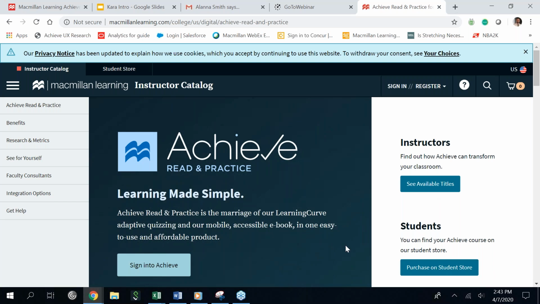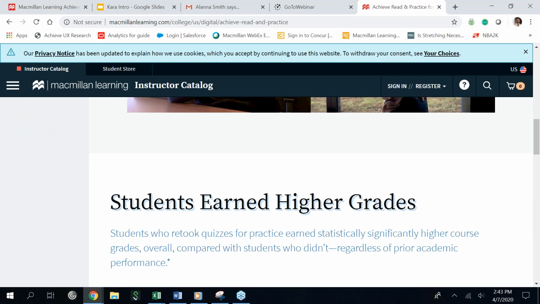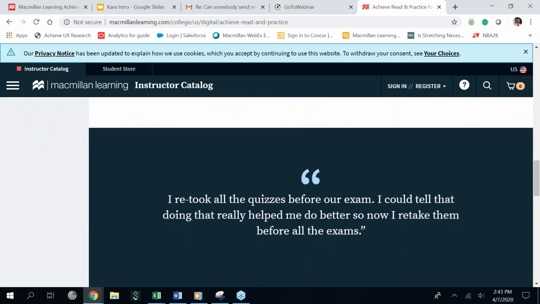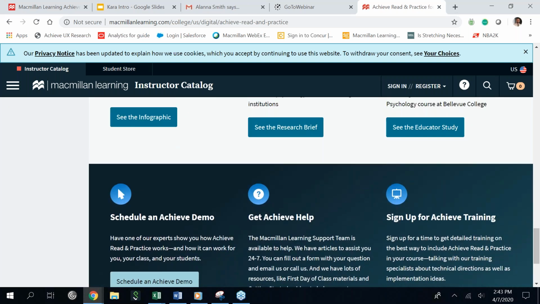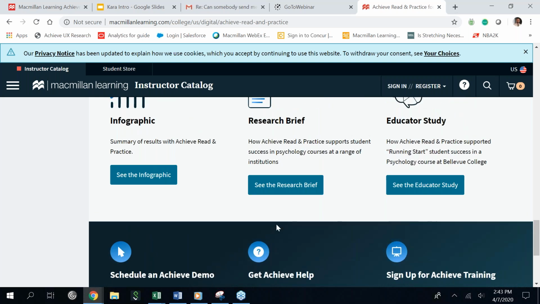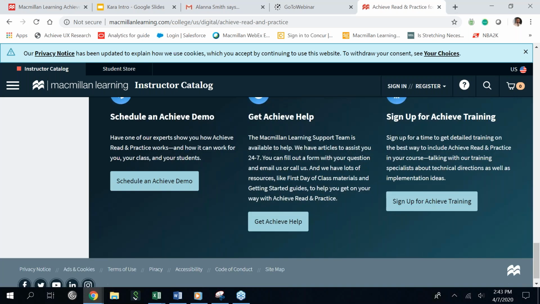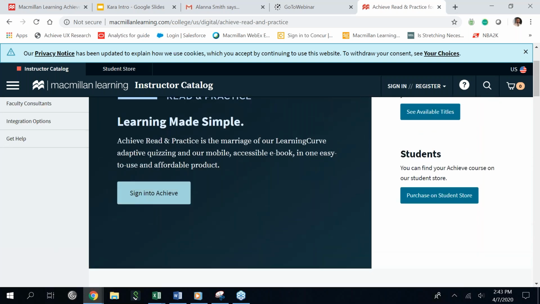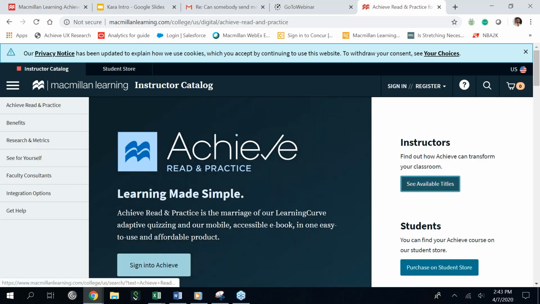You can do a lot more from here. You can actually sign into the product from here. And you can do some more browsing on our data and the student video here, and some more supporting data, including the research brief, an infographic, and the educator study. So there's quite a bit here, including a sign-in to the product and a listing of the available titles.